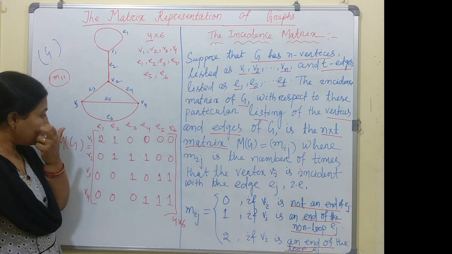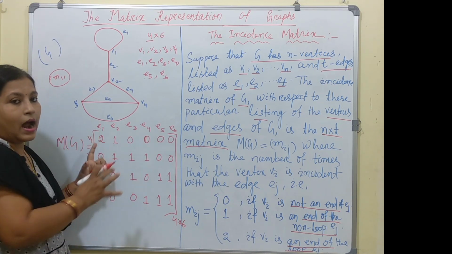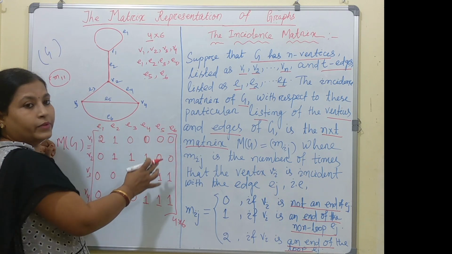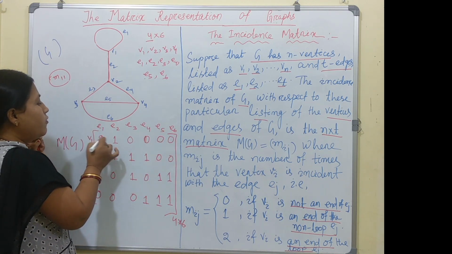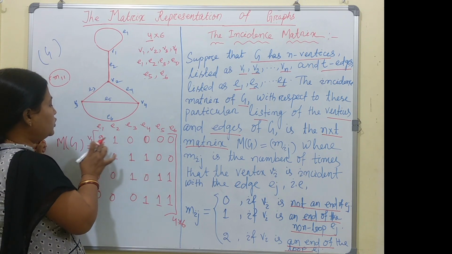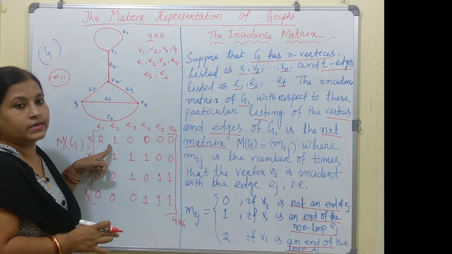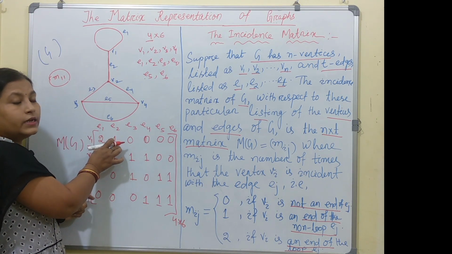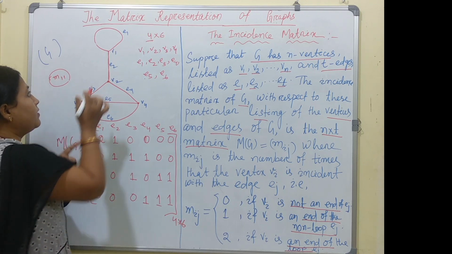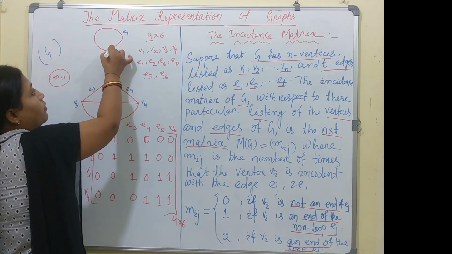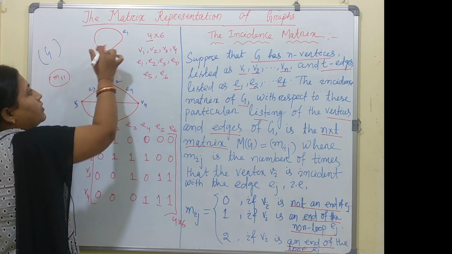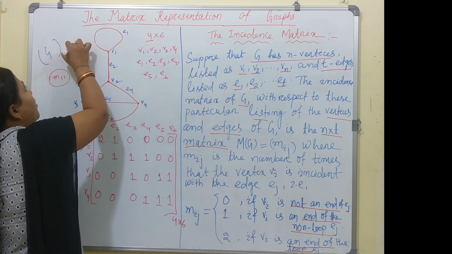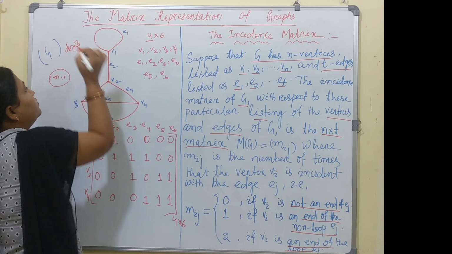See here, when we add all the row elements, adding the first row elements, 2 plus 1 is 3. This gives the degree of vertex V1. That is, the degree of V1 is equal to 3.